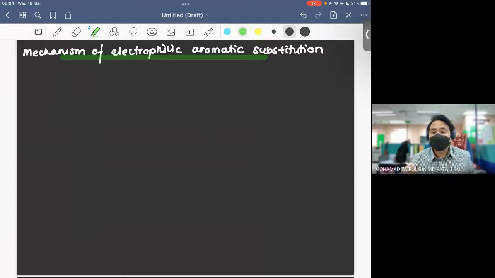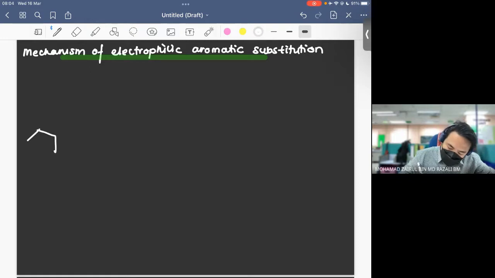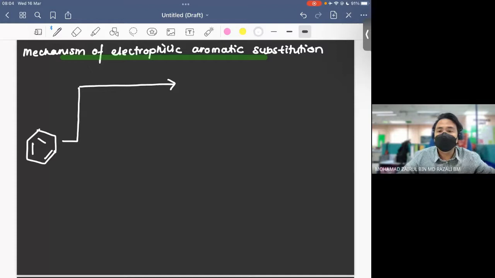Dia tak sama macam carbon-carbon double bond dalam alkene. Okay, so kita recap balik. There are 4 different electrophilic aromatic substitution reaction yang awak kena tahu for a benzene. The first one, let's say saya ada benzene. So this is a molecule of benzene. If we want to halogenate the benzene, maknanya kalau kita nak add halogen to the benzene ring, the reagent that we're going to use is halogen in a Lewis acid.